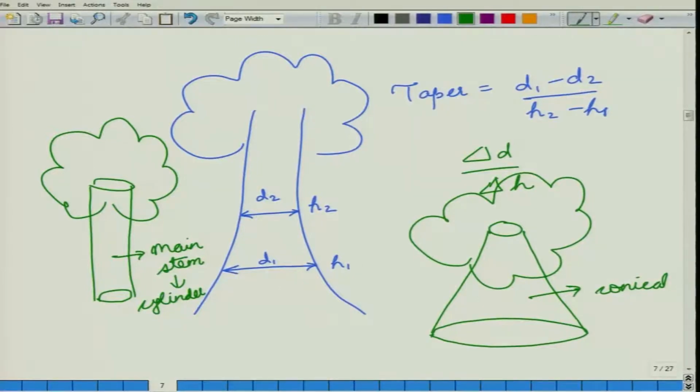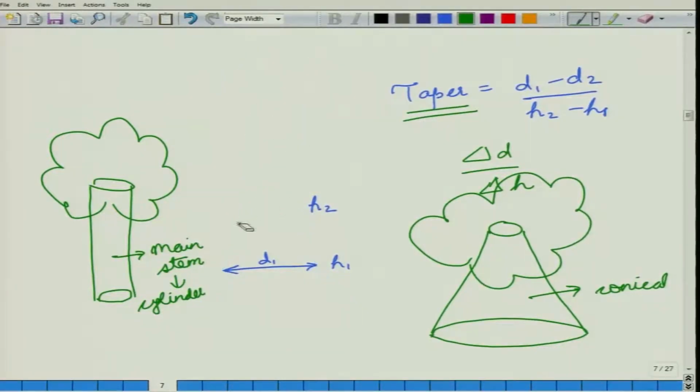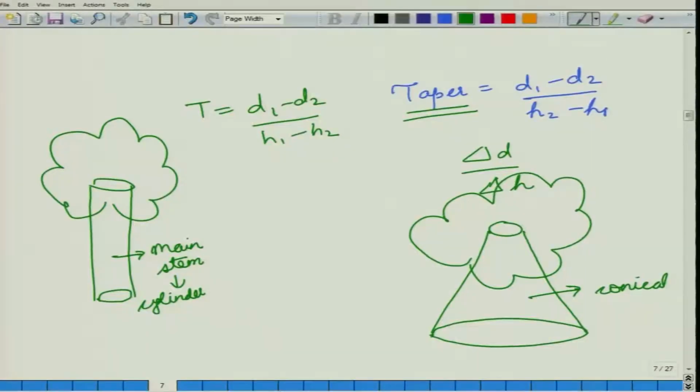Now, if you used another convention and represented taper in a negative form, you could also write it as T equal to d1 minus d2 upon h1 minus h2, in which case a negative taper would show its diameter is decreasing with height and a positive taper would show that its diameter is increasing with height, which is not seen in natural conditions.